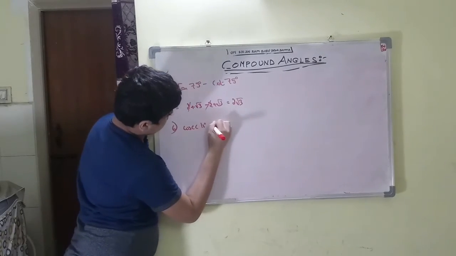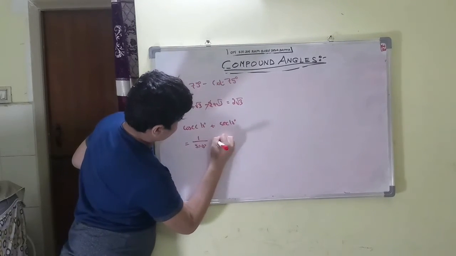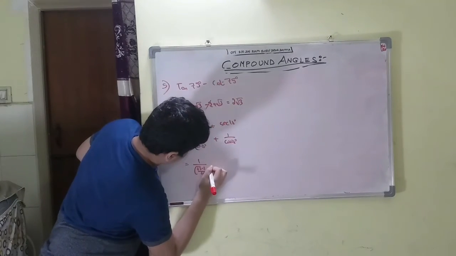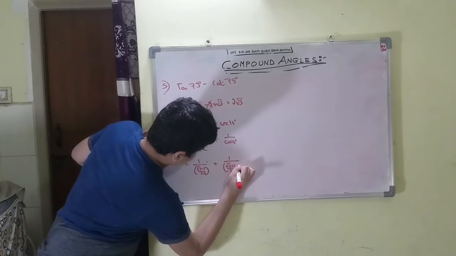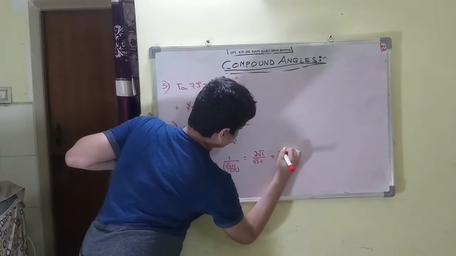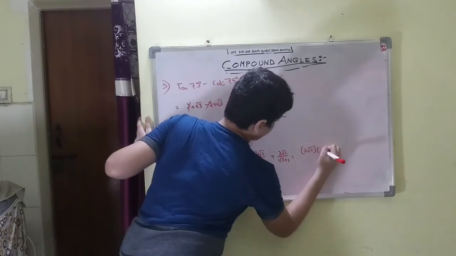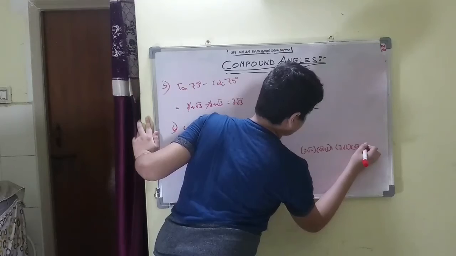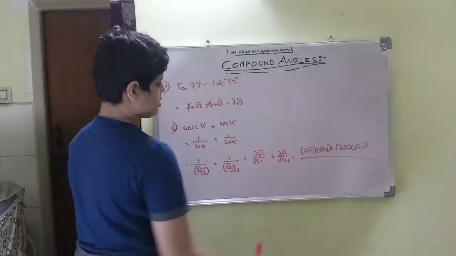Cosecant 15 degrees plus secant 15 degrees, which is equal to 1 by sin 15 degrees plus 1 by cos 15 degrees. That is 1 upon (root 3 minus 1) by 2 root 2, plus 1 upon (root 3 plus 1) by 2 root 2, which is equal to 2 root 2 upon root 3 minus 1 plus 2 root 2 upon root 3 plus 1, which is equal to 2 root 2 into (root 3 plus 1) plus 2 root 2 into (root 3 minus 1) upon, so (a minus b) into (a plus b) is a square minus b square.